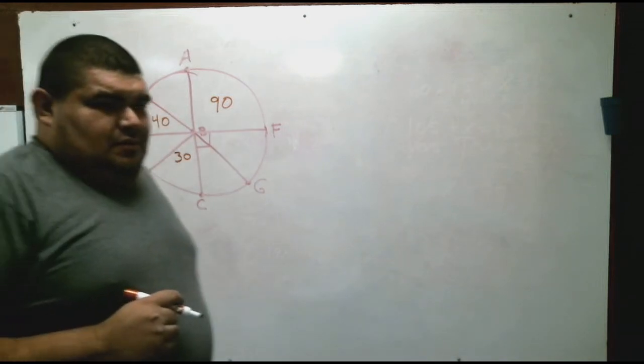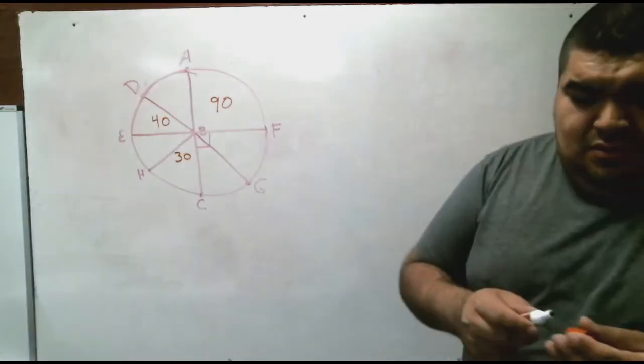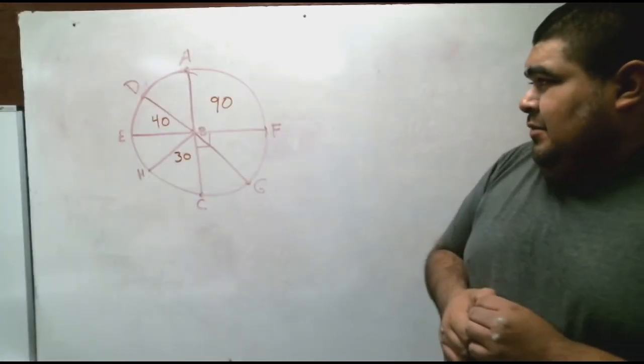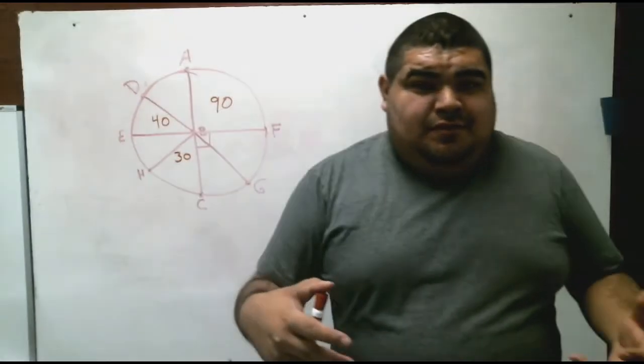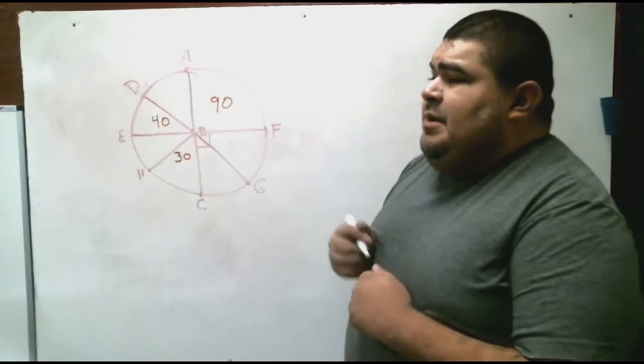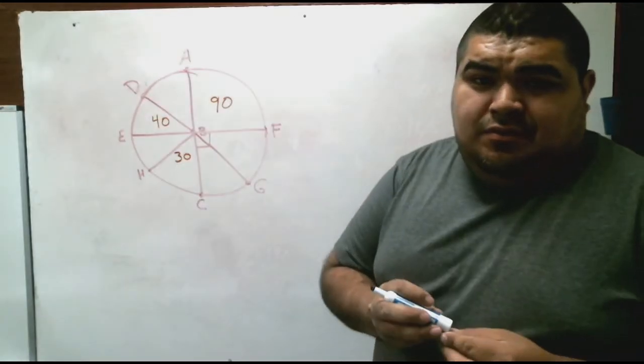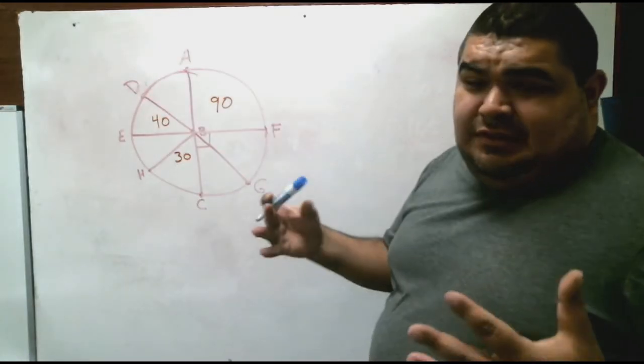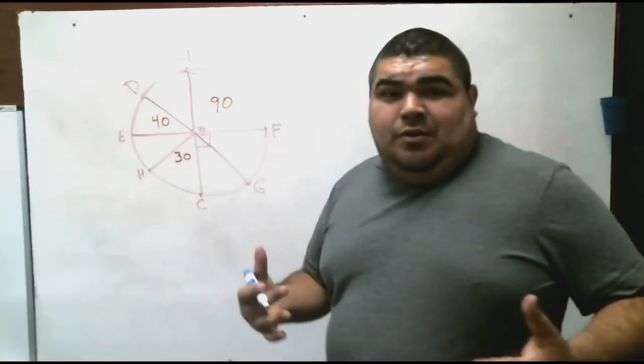Okay. All you have to do is solve the rest of them. Also, you're going to tell me what kind of arc, or if it's a semicircle, for the following ones.